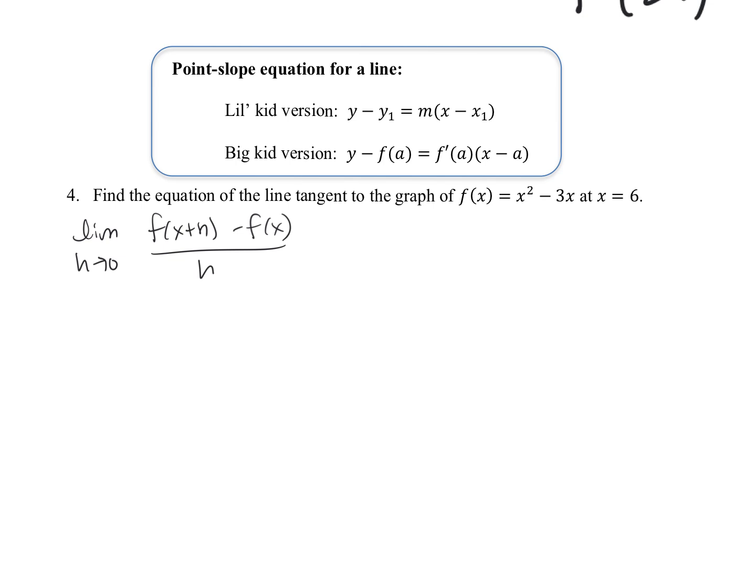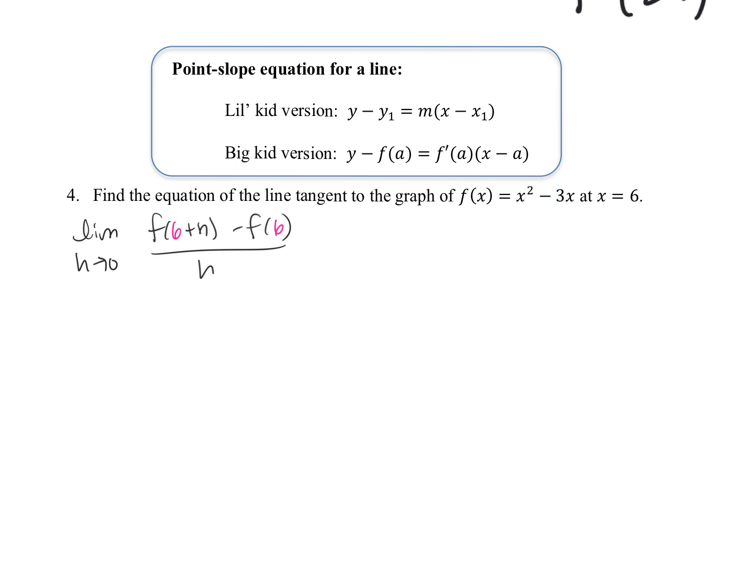We need to plug in x plus h. Oh, wait, what's my x here? I actually gave you the x value here. So we're going to replace each x with a 6. I'm going to just do that so we don't have to rewrite that whole thing. This x is going to be replaced with a 6. We got to go plug in 6 plus h into this function, y'all.